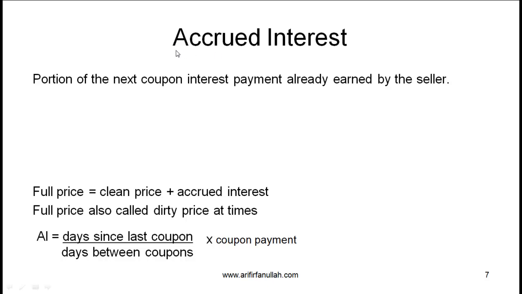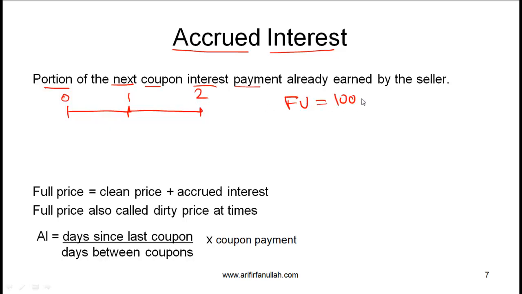Now let's talk about the concept of accrued interest. Accrued interest is the portion of the next coupon interest payment already earned by the seller. To understand this concept, let's look at a very simple example. Say you own a 2-year annual pay bond. At time 0 you buy this bond, and let's say that the bond has a face value of 1000.